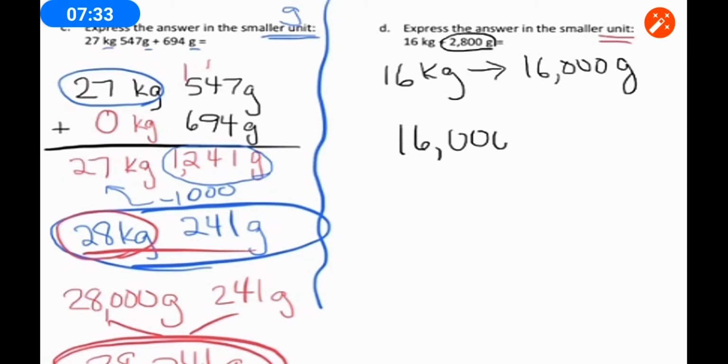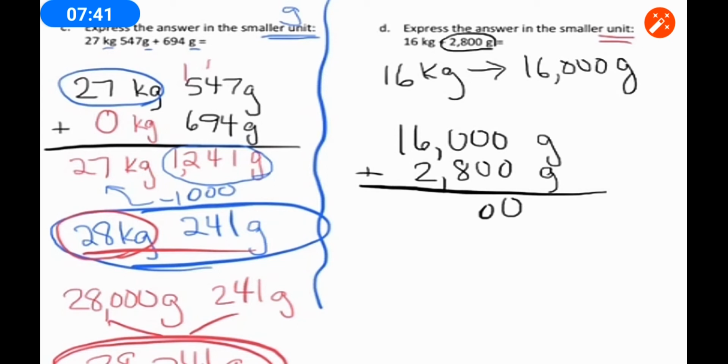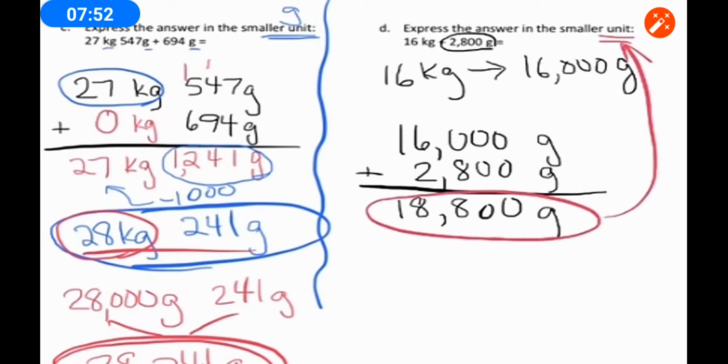So we have 16,000 grams plus 2,800 grams. Add them together. 18,800 grams. Yes, that is the answer, in the smaller unit, which is gram.